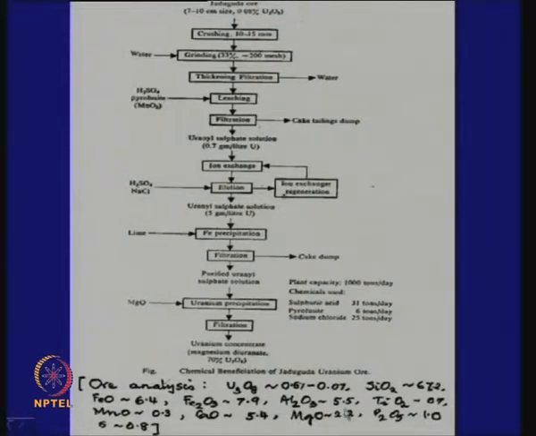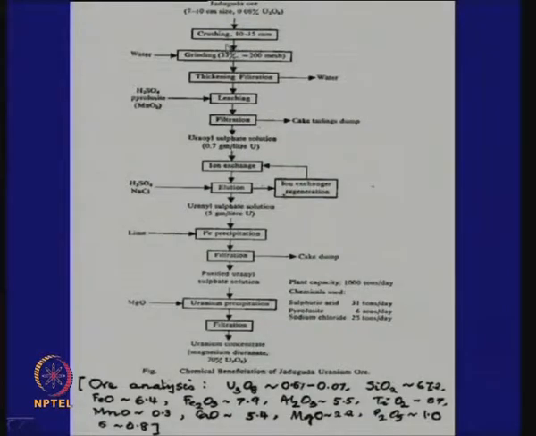So, take it as 0.07, 0.08%. What do you do with such an ore? It is such a low grade ore, but there are processes of getting a concentrate and pure U3O8. Let us see how it is done.